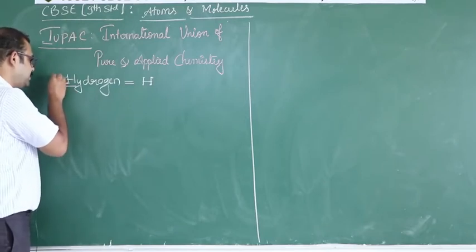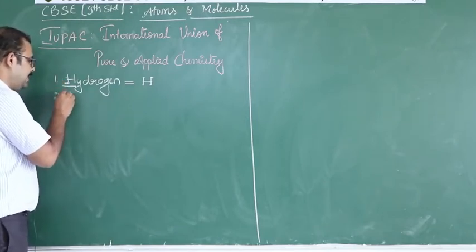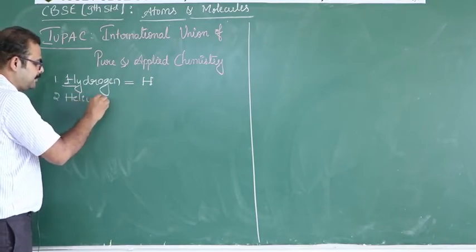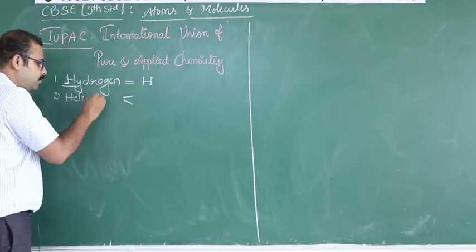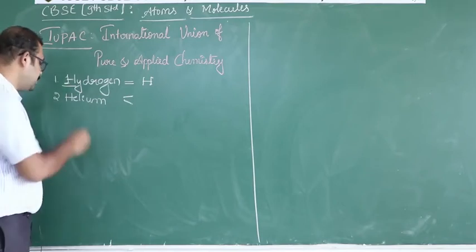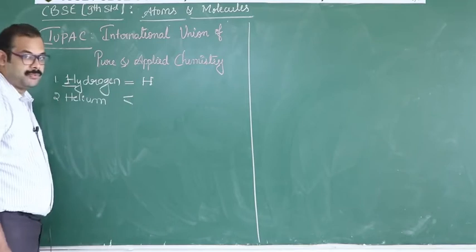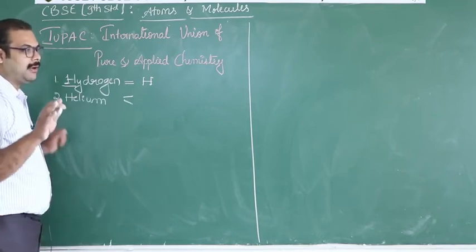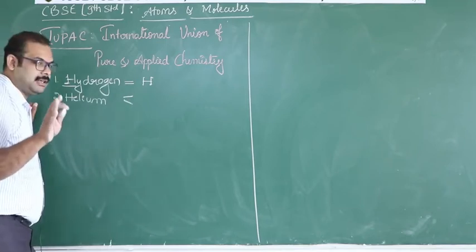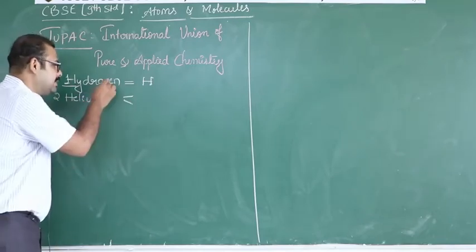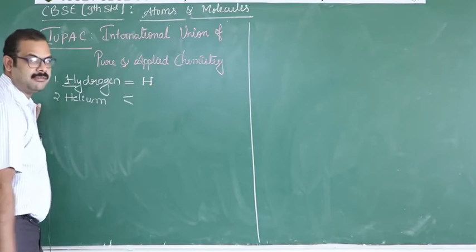Then after hydrogen, helium will come. You see that both the elements begin with the same alphabet. Then in this case, what do we have to do? If only one element begins with an individual alphabet, in that case we have to take the first letter of the element.